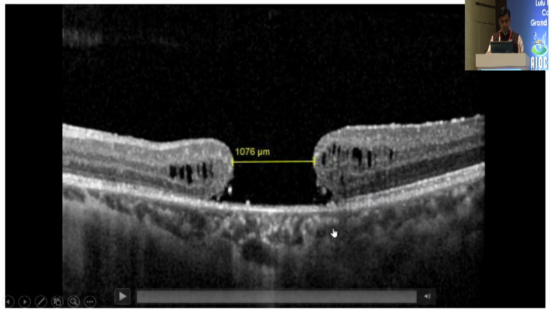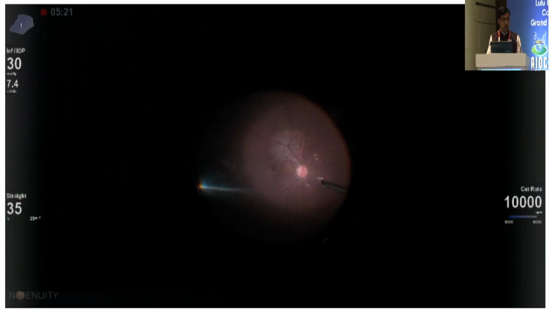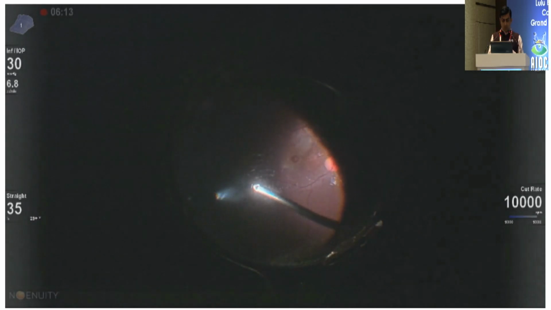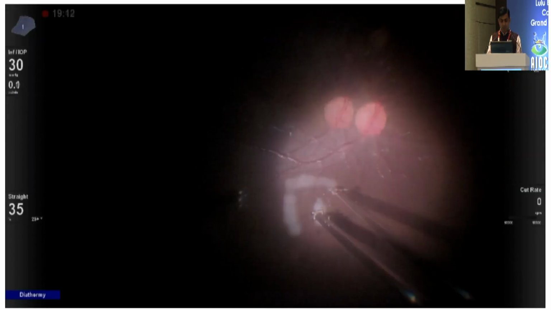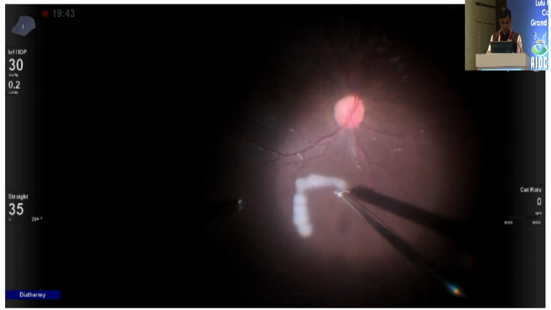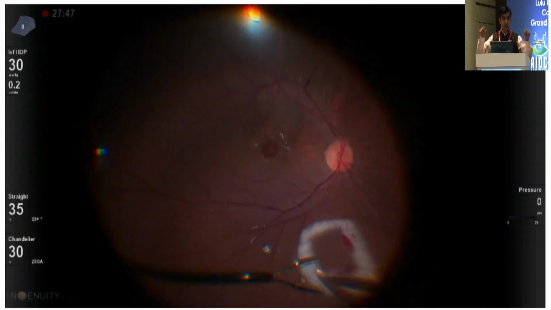So coming to the next, you can see a large macular hole, with a minimum linear diameter of 1076 micron. Initially I did a vitrectomy and then PVD induction, and then, the same way as I showed, selected the area where there is less vascularity or where vessels don't pass across.